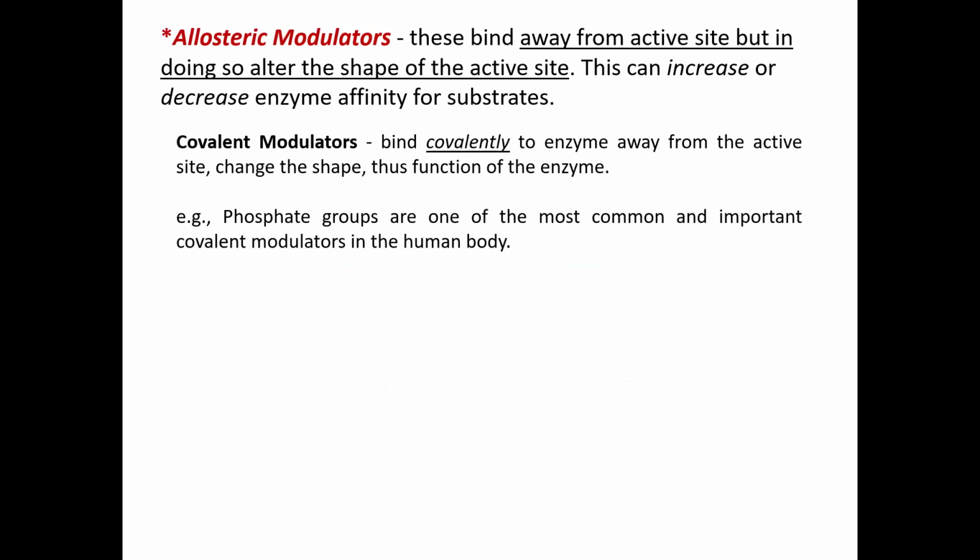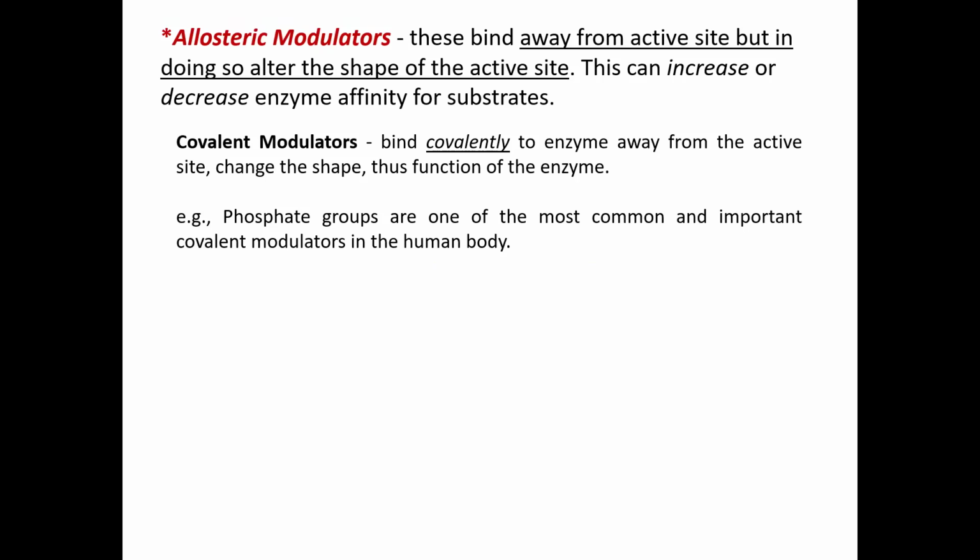We have allosteric modulators, which bind away from the active site, but in doing so, they alter the shape of the active site. This can increase or decrease the enzyme affinity for substrate. We have covalent modulators that bind covalently to the enzyme somewhere away from the active site.